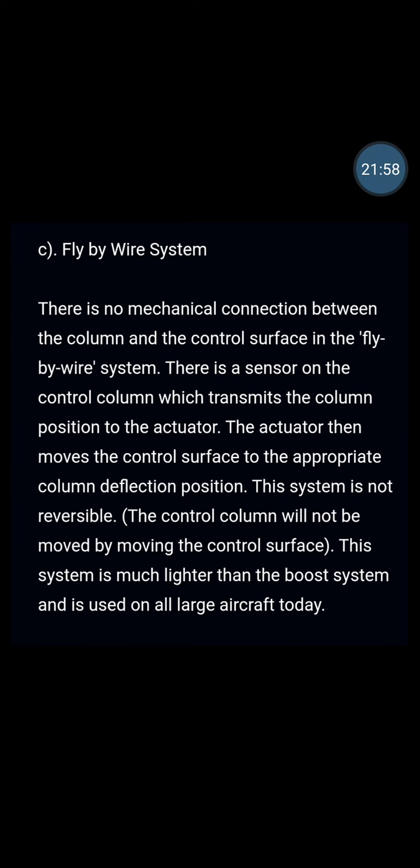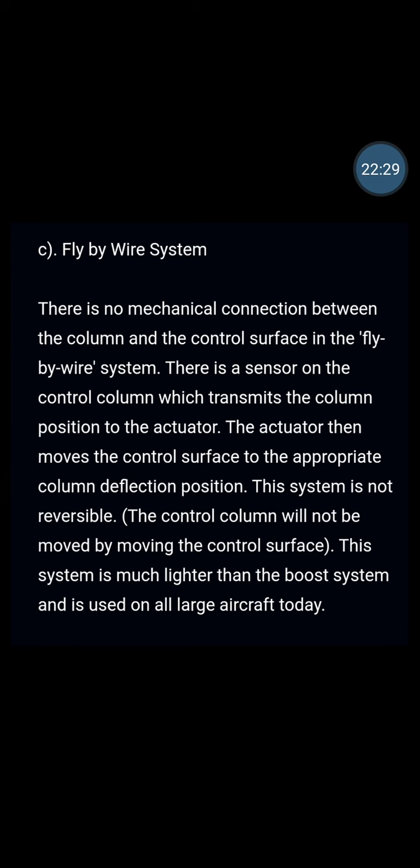C. Fly-by-wire system. There is no mechanical connection between the column and the control surface in the fly-by-wire system. There is a sensor on the control column which transmits the column position to the actuator. The actuator then moves the control surface to the appropriate position.